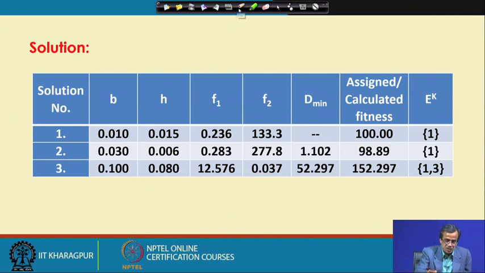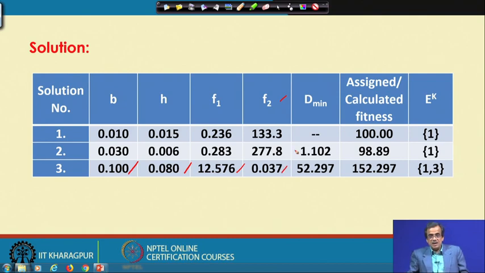And now, I am just going to concentrate on the third solution. For the third solution, the b and h values are selected at random, that is b equals 0.100 and h equals 0.080, and the objective functions f1 and f2 are calculated like this.